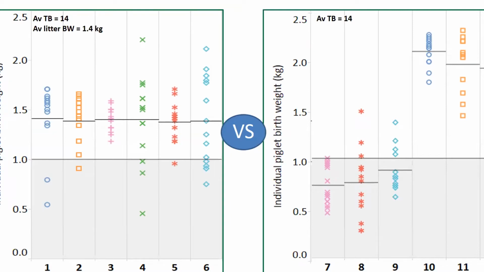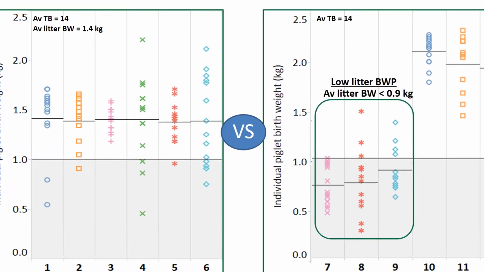But as you can see, the litters are very different. We can classify these litters as having the low litter birth weight phenotype, and as you can see here, the average litter birth weight is about 0.9 kilograms. And we can classify these ones as having the high litter birth weight phenotype, as shown here. So their average litter birth weight is about 1.9 kilograms.